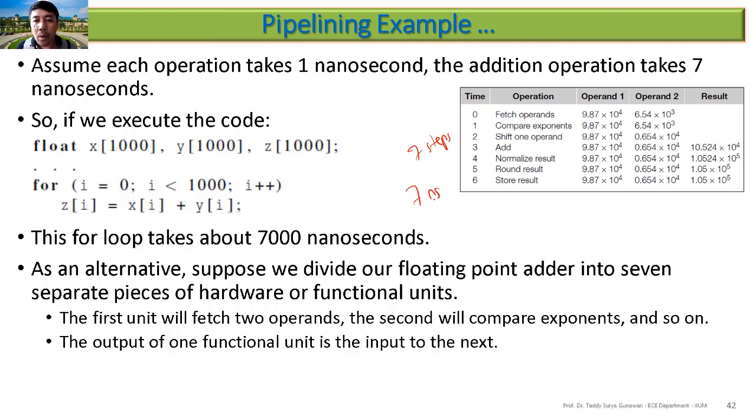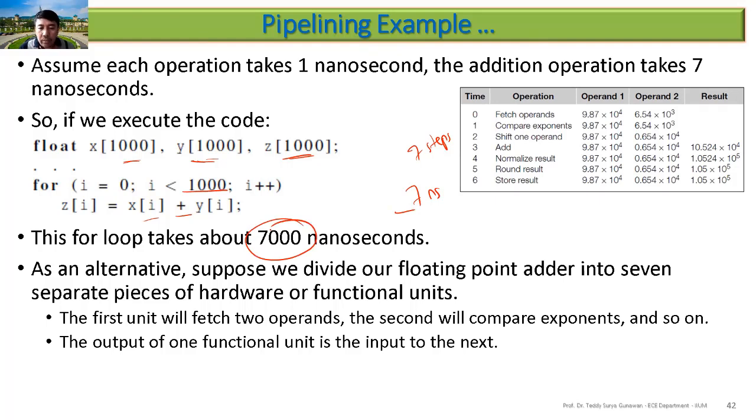For example, if you have a 1 gigahertz CPU clock, each operation will take 1 nanosecond. If you execute the code on 1000 floating point numbers and just do the adding, we do the loop 1000 times, then multiply by this one. You'll need 7,000 nanoseconds.